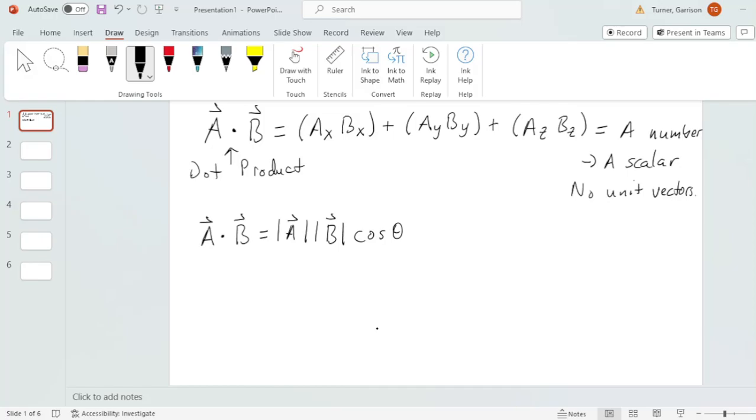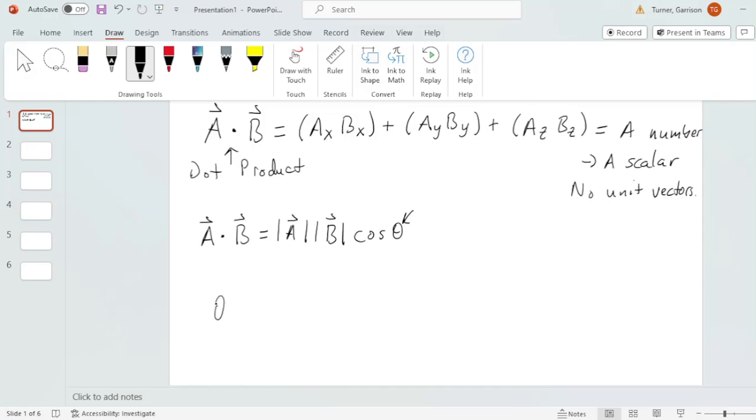What we usually do is use these two definitions in conjunction with each other to find the angle between the two vectors. Because two vectors can live in any given plane and they can have any given orientation, it's often advantageous to do this.